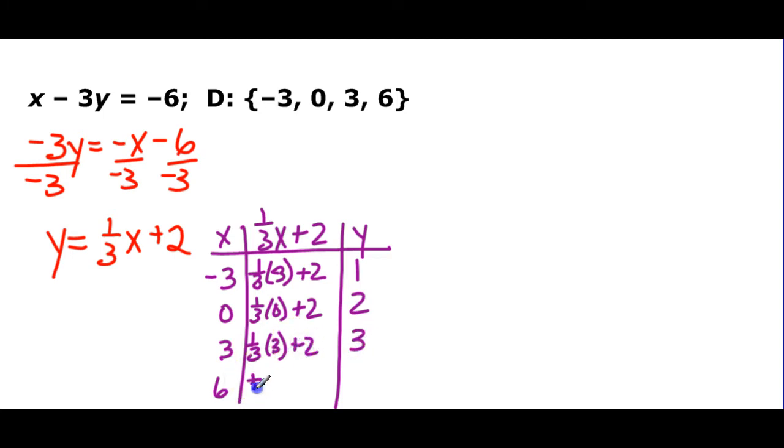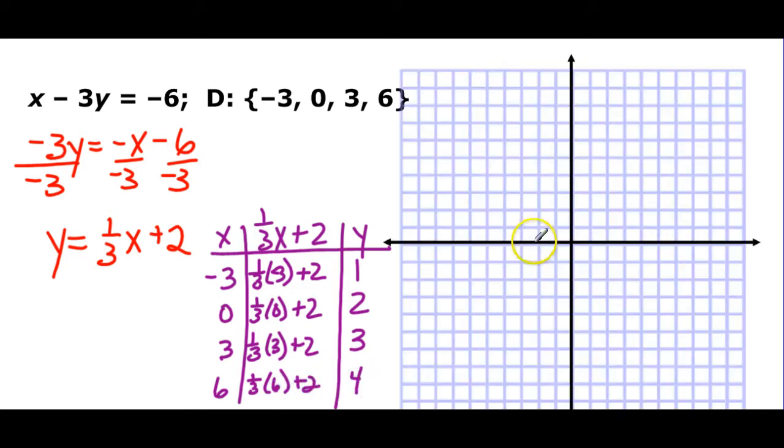And I get 1/3 of 6, which is 2, plus 2, which is 4. Graph these points: negative 3, 1; 0, 2; 3, 3; and 6, 4. And again, I see a line forming.